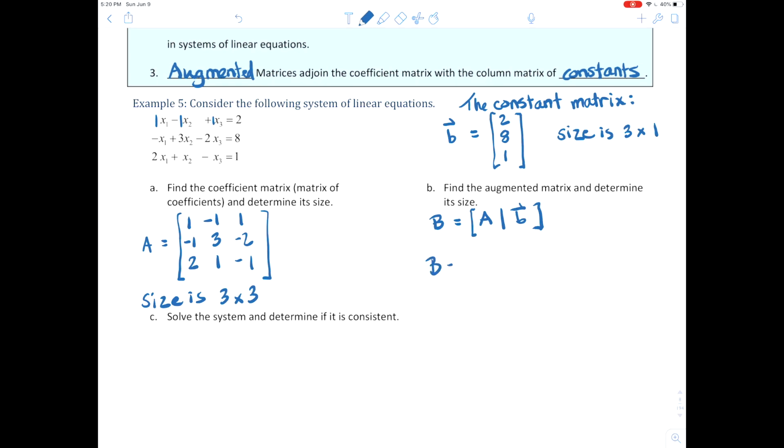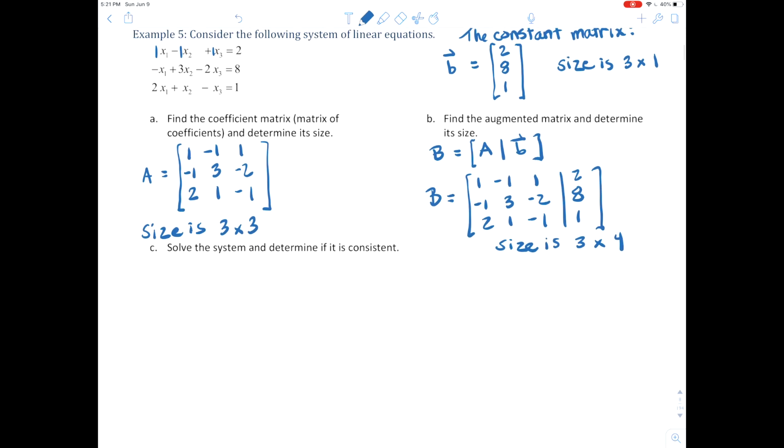So this B would be equal to our coefficient matrix, which is 1, negative 1, 1, negative 1, 3, negative 2, 2, 1, and negative 1. And the next column would be the matrix of constants, and that was 2, 8, 1. That was a column matrix. And so this is our B. And what is the size of B? The size is perfect. 3 rows by 4 columns.